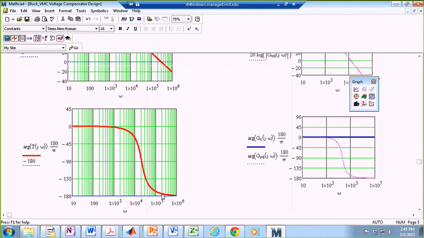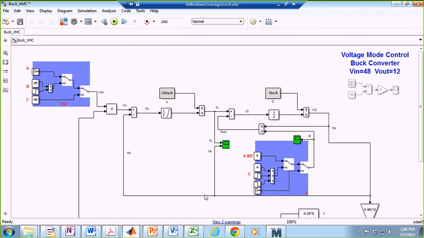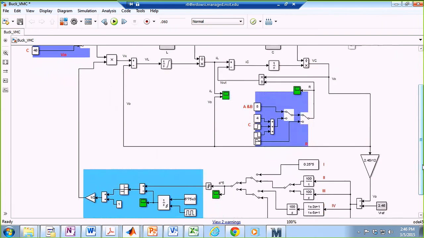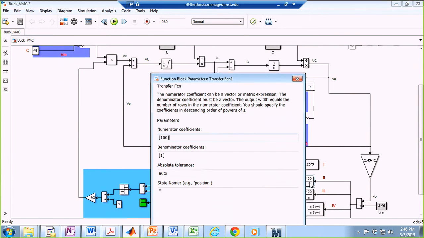Now, you may say, okay, this compensation of 100 was not good. Let me, for instance, reduce it. Maybe 100 was too much. So let's reduce it to maybe, for instance, just 10.